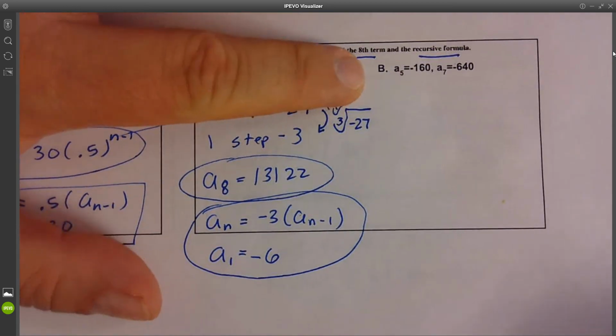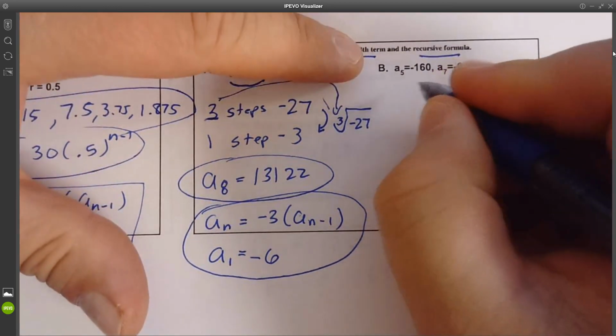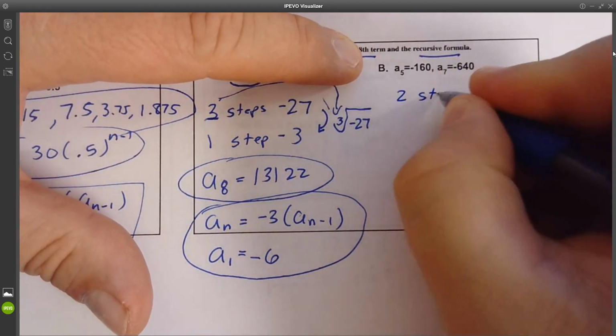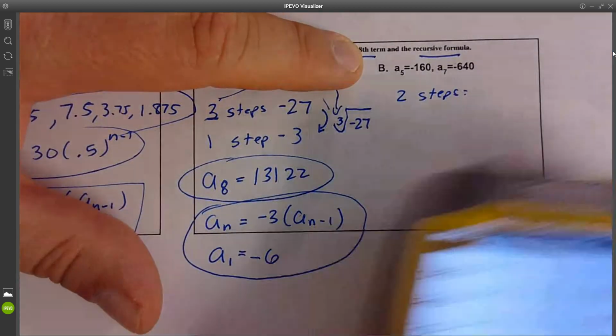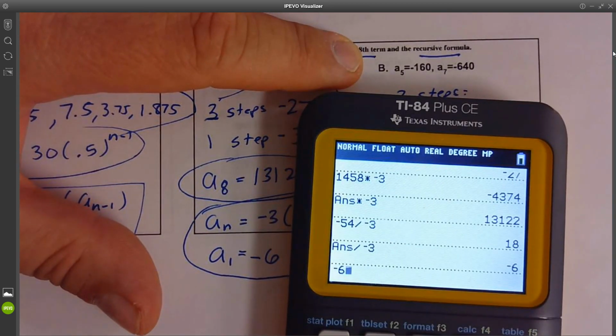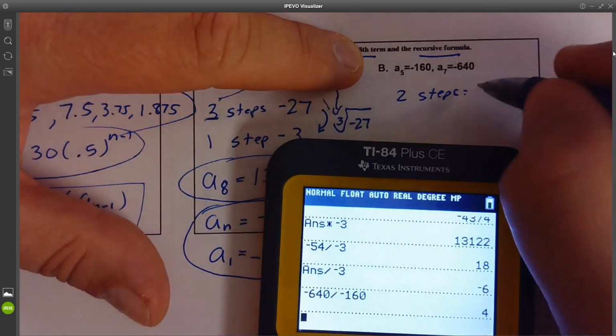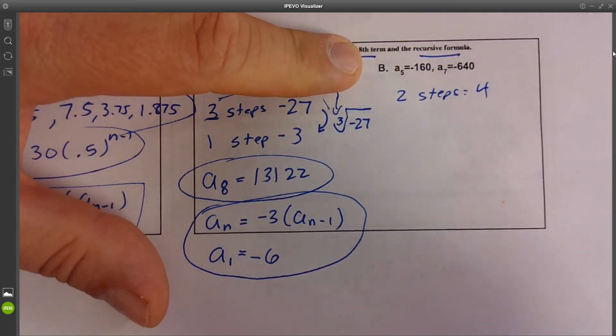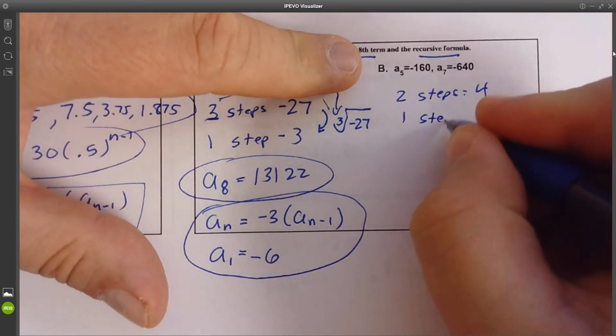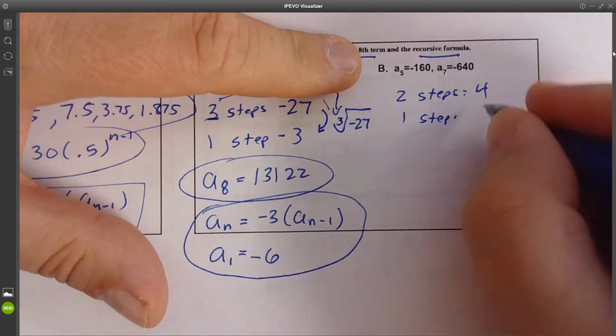Okay, how about the next one? Well, we went 2 steps, which was negative 640 divided by negative 160. And that's 4. So if 2 steps is 4, then what is 1 step? Then 1 step would be 2.